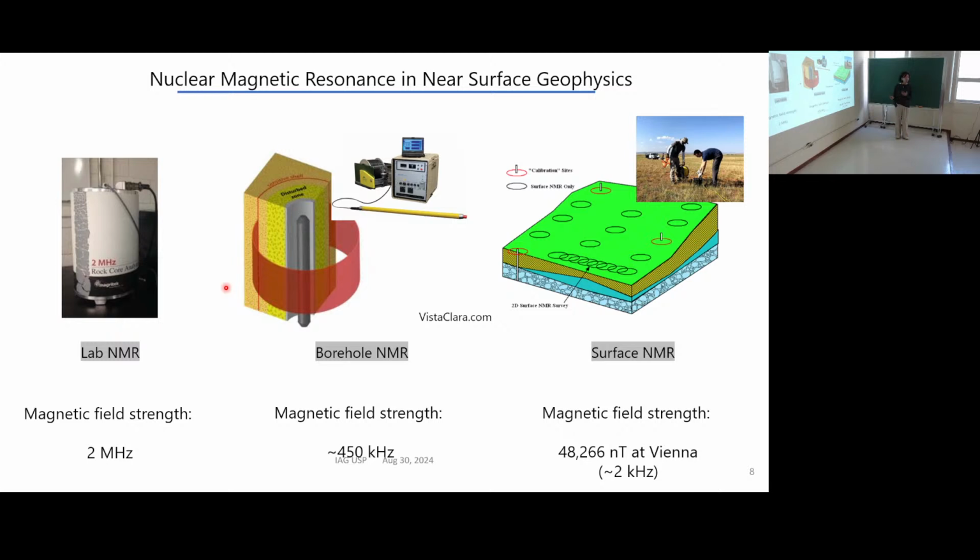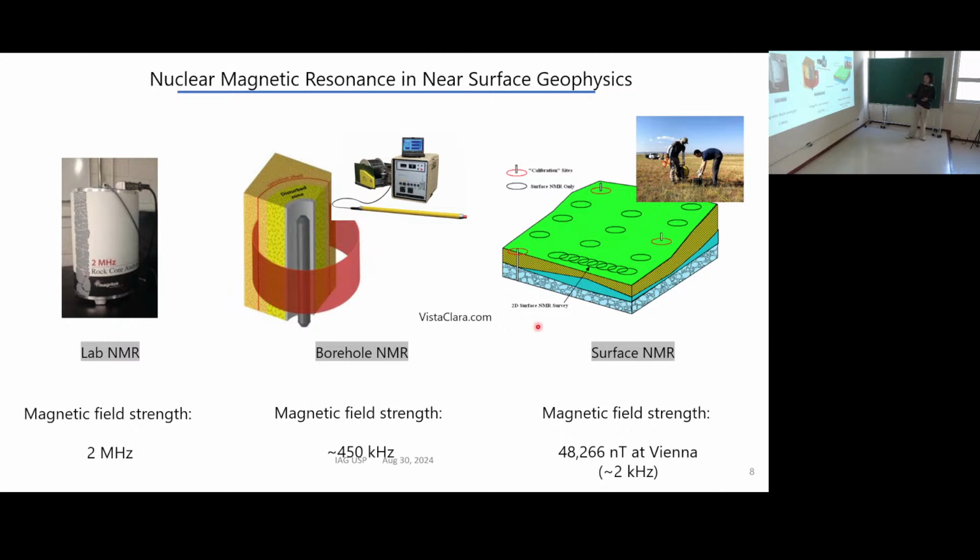This is a unique capability of NMR, this unique sensitivity, which we leverage a lot in many geophysical surveys. If you do joint geophysical surveys, you have ERT, seismic, GPR, and other methods, but you want to know about the absolute water content, then NMR can be really helpful too.